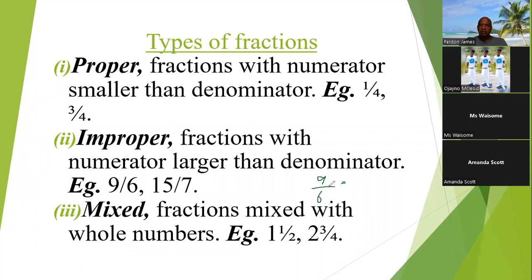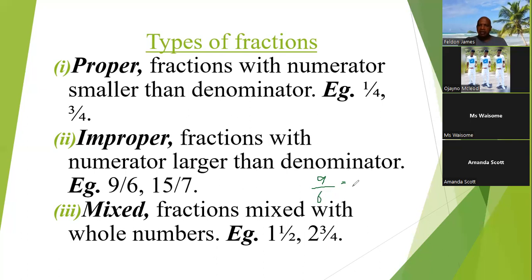And that is the reason why we can easily convert an improper fraction to what we call a mixed fraction or mixed number, because here the denominator tells you how many slices one whole is going to have. And so to find out how many wholes we can get out of this, we simply divide the numerator by the denominator to see how many 6 can come out of 9.